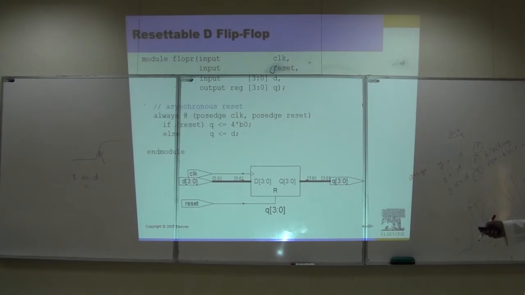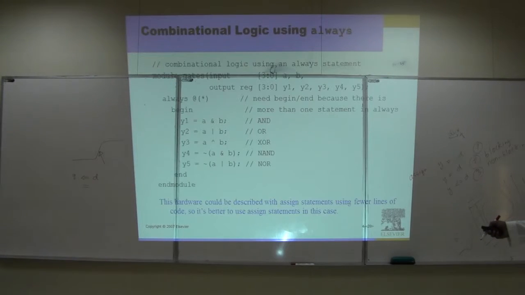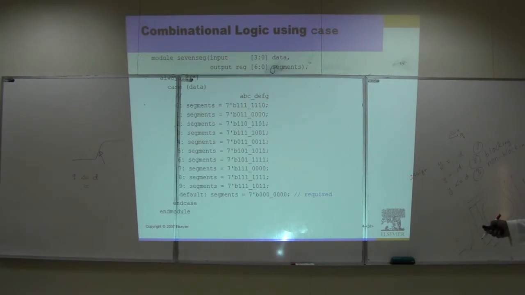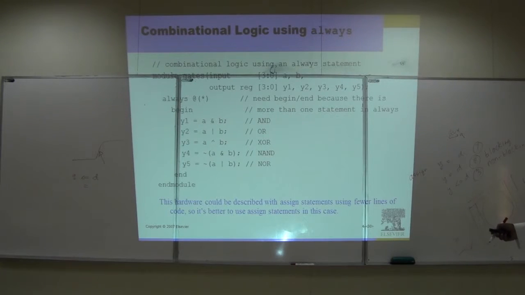Non-blocking, we do not have examples. This one means that if you have, say, y1 with d1, y2 with d2, non-blocking means y1 and y2 will get their values at the same time.